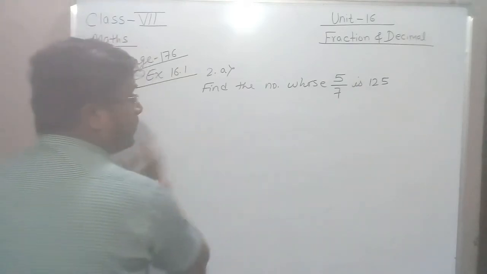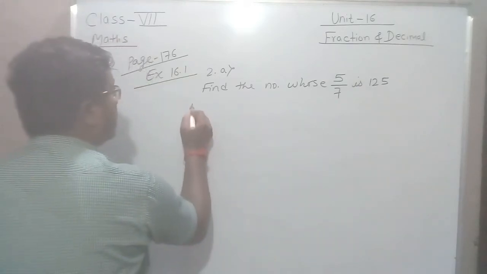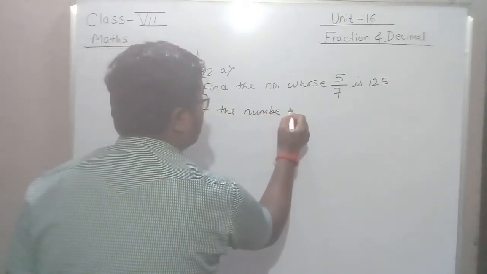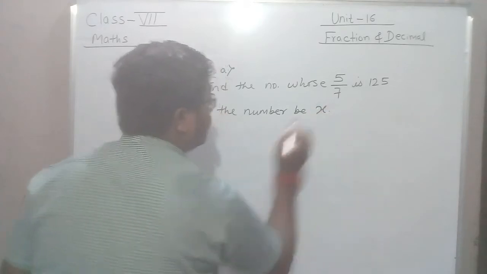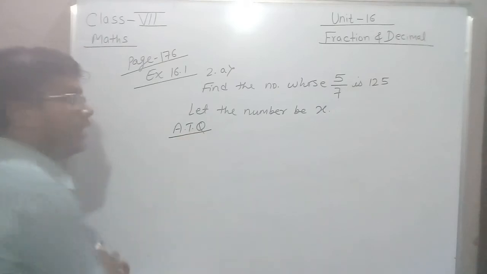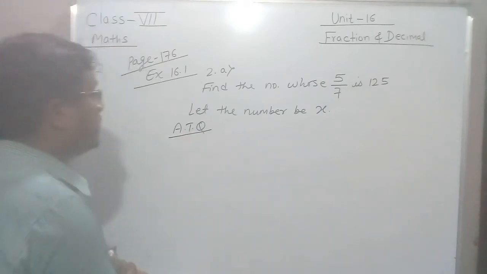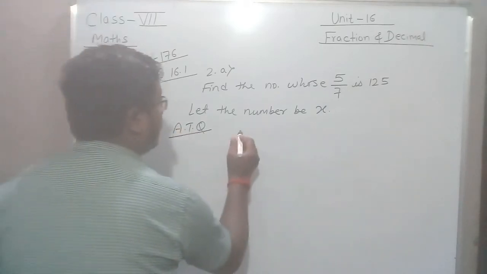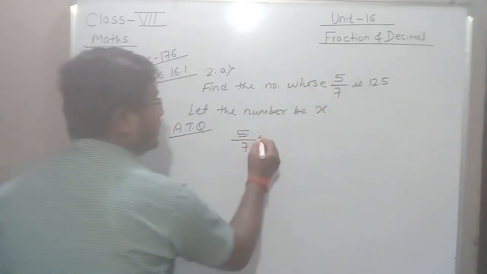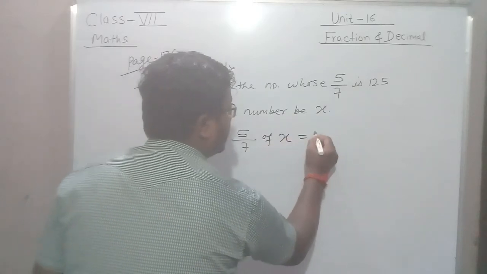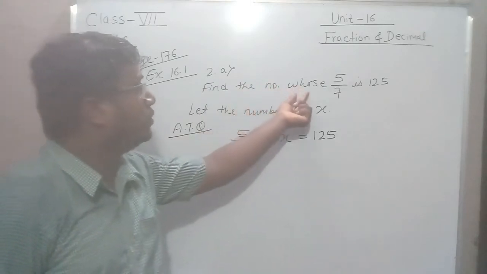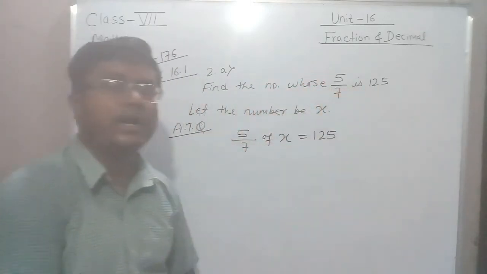We don't know the number. So let us suppose the number be x. According to the question, in short we write ATQ, means according to the question, 5 upon 7 of that number, that is of x, must be equal to 125.